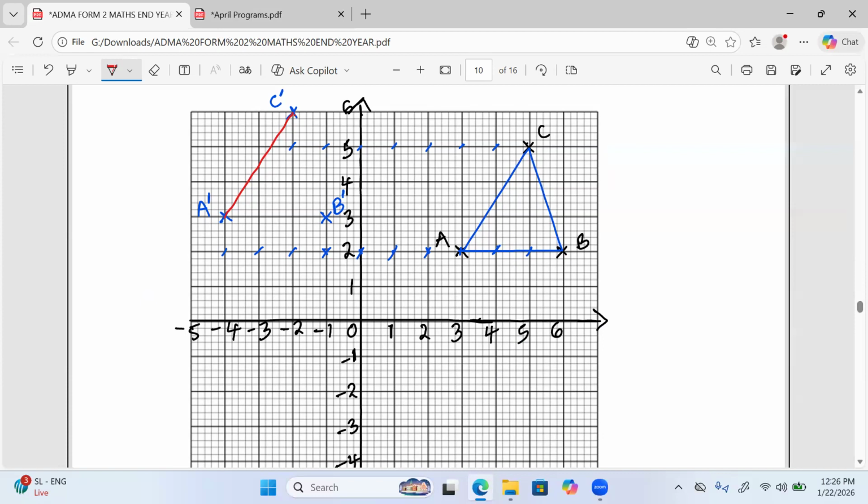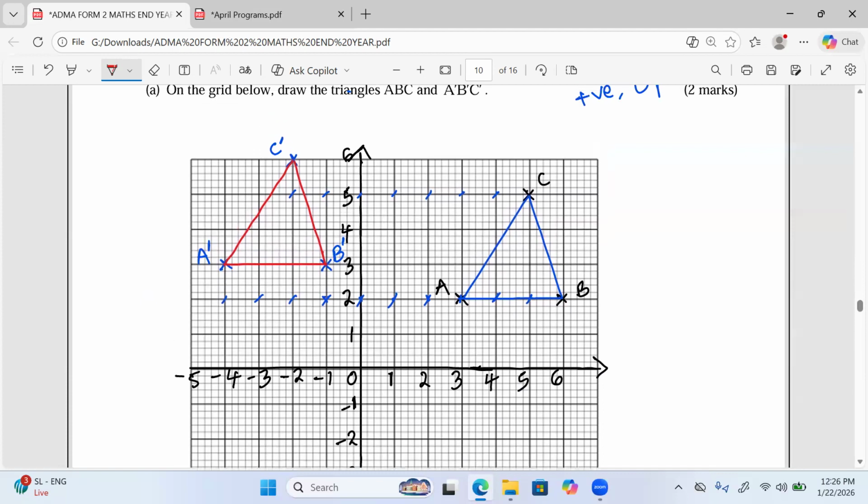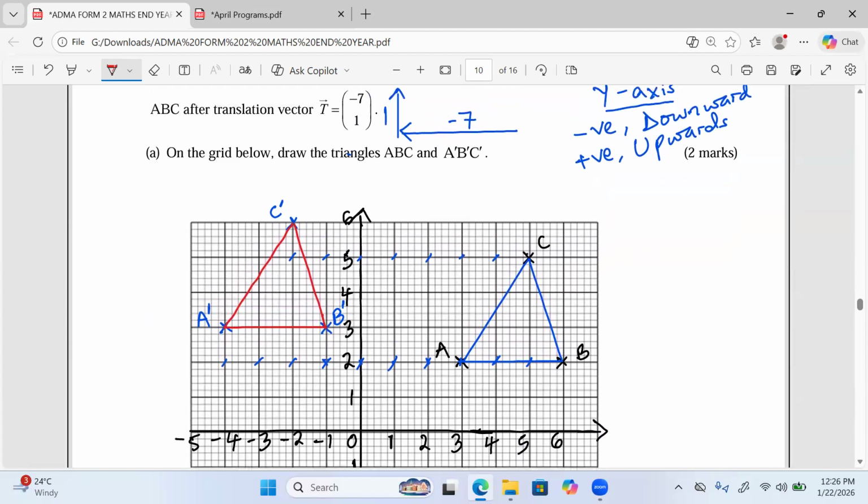When the translation is described by a vector, it is very easy to perform the translation. I know in section 1, you'll be given coordinates of a certain object and the column vector of the translation vector.